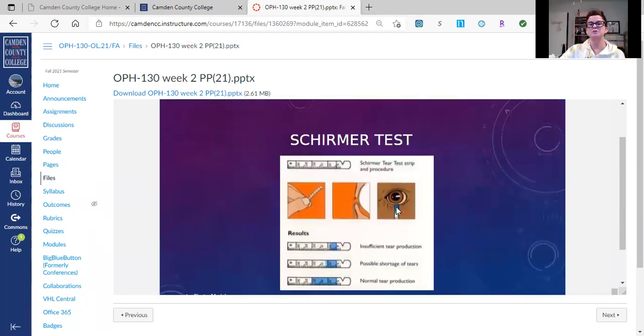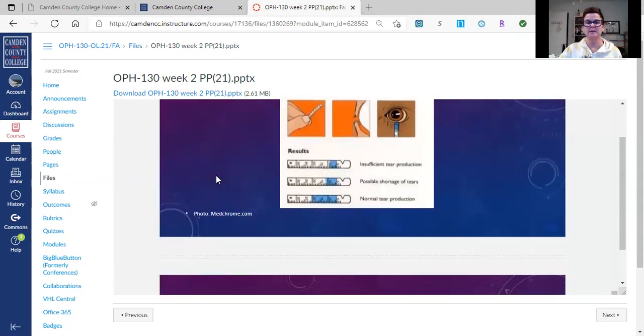So if I back up here, Schirmer test is a test of quantity. This is a test of the lacrimal gland, right? The lacrimal gland up here in the frontal bone is where the aqueous part of the tears is formed, the volume of tears, right? So when we're doing a Schirmer test, we're actually testing whether or not the lacrimal gland is working properly.